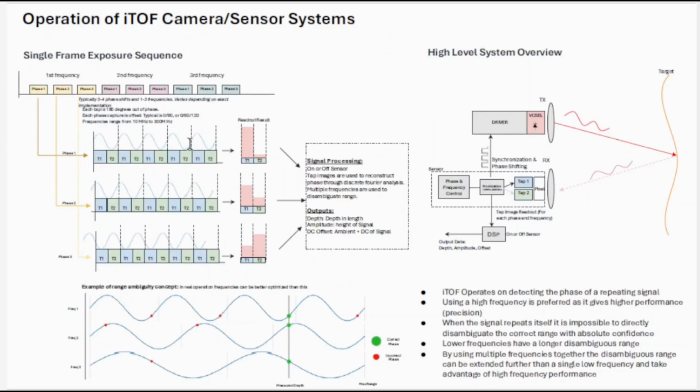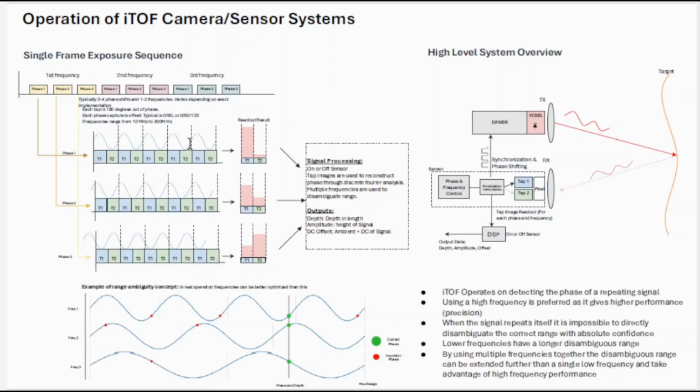So I've actually got a slide that details how the pixel itself, and I should say the sensor itself, works. But essentially what you want is to be able to disambiguate the signal. And for that, you use the concept of multiple phases as far as what you put out. You have multiple taps on the pixel. There's a lot of papers out there that'll give you 4 tap pixels, 8 tap pixels, in fact.